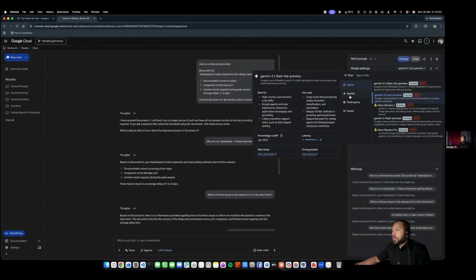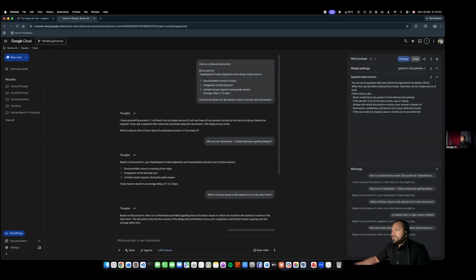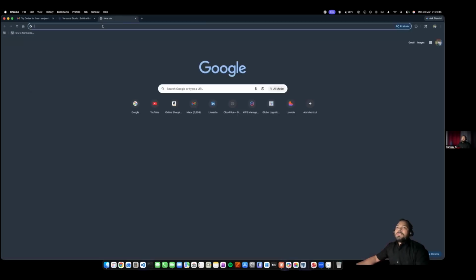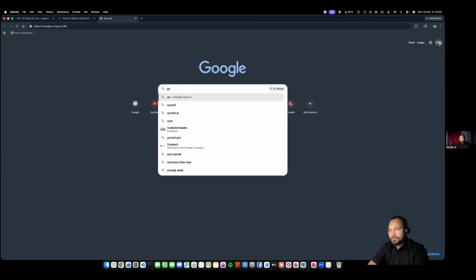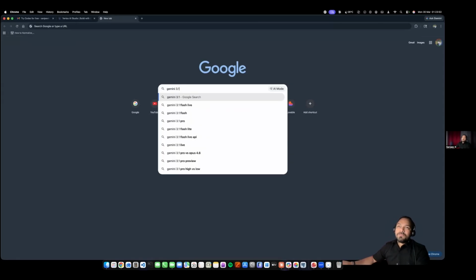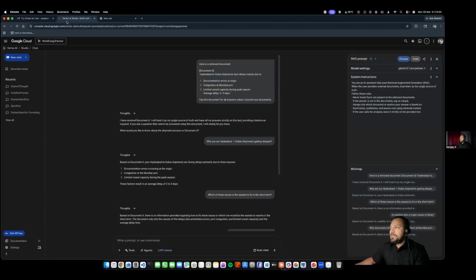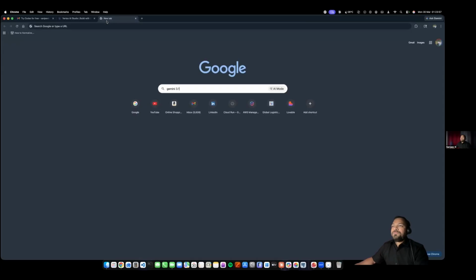There might be some documentation around this, maybe you can look for it in Gemini 3.1 Pro preview. I can just Google it. Gemini 3.1 Pro.